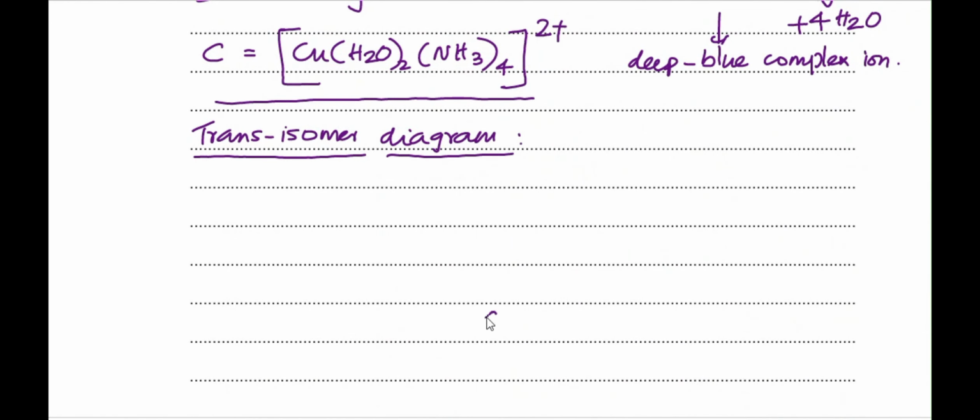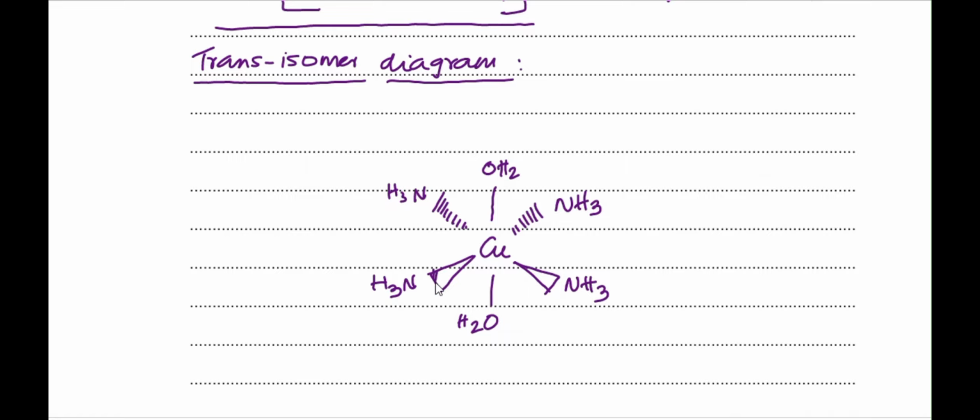Let us put copper at the center and then mark H2O here, H2O here, and then draw the 4 wedges and dashes, dash here. So this is NH3, NH3, another NH3, and the 4th NH3, and then darken this.